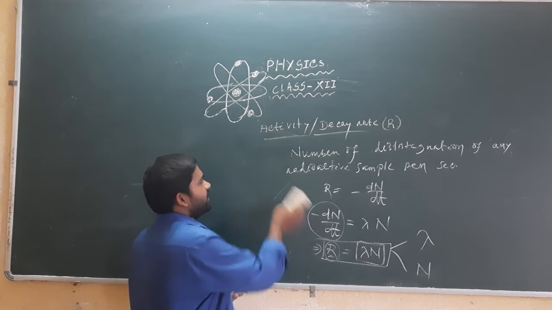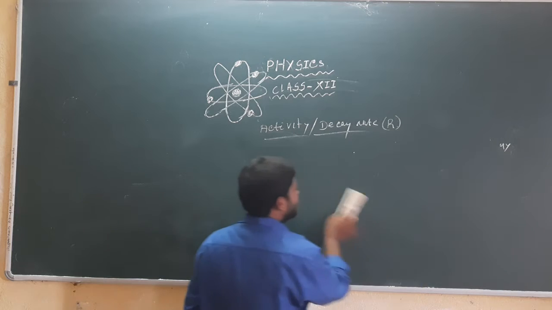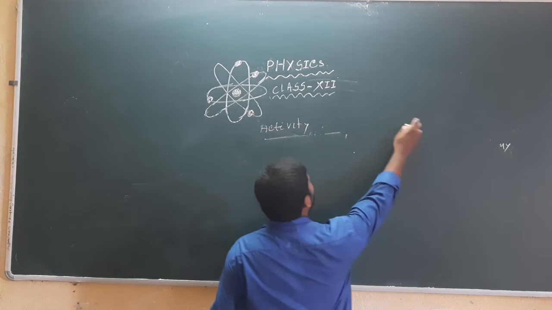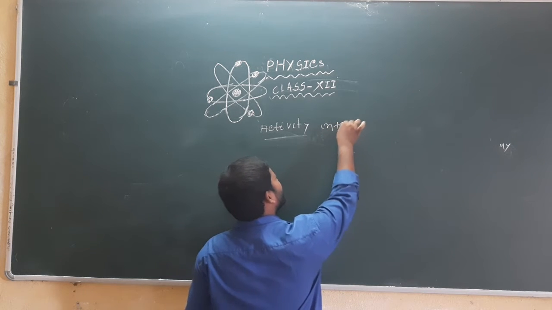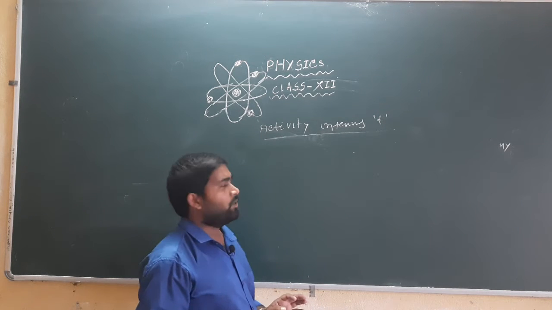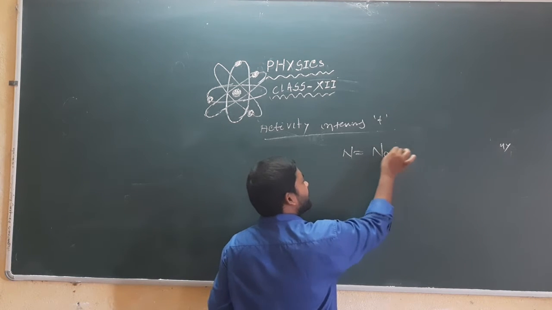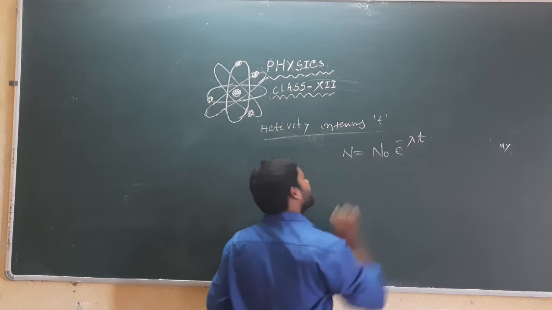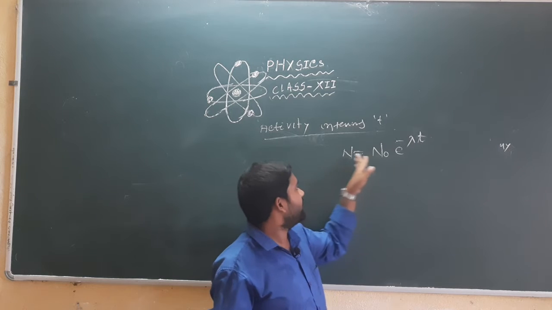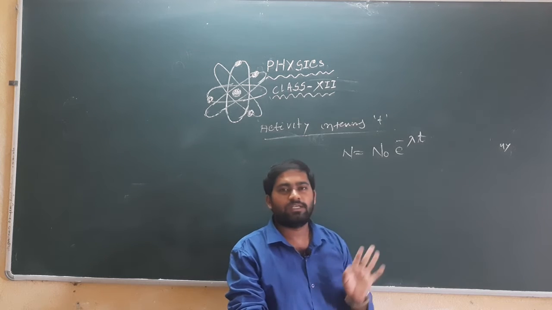Now let us relate activity in terms of time. From the radioactive law, N equals N naught e to the power minus lambda t, where N naught is the initial number of samples, N is the number of samples at time t, and lambda is the decay constant.